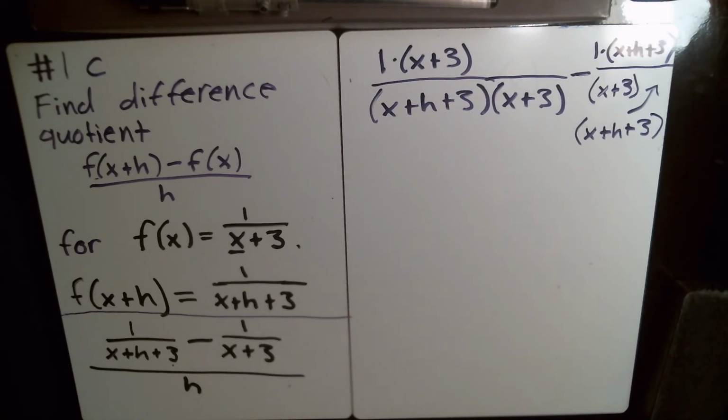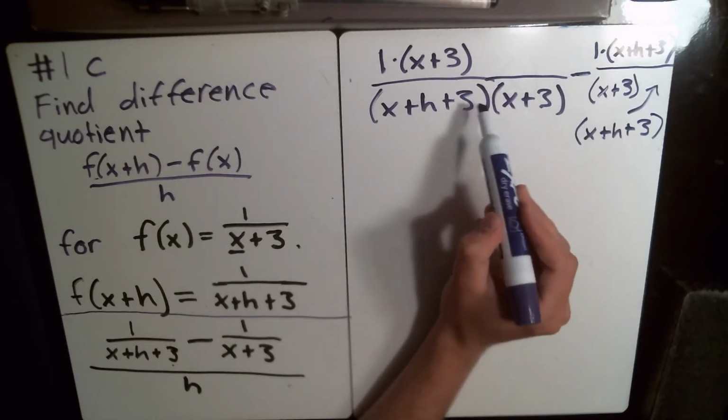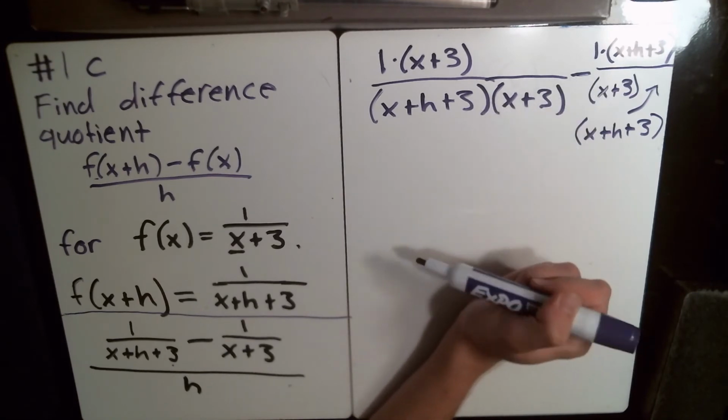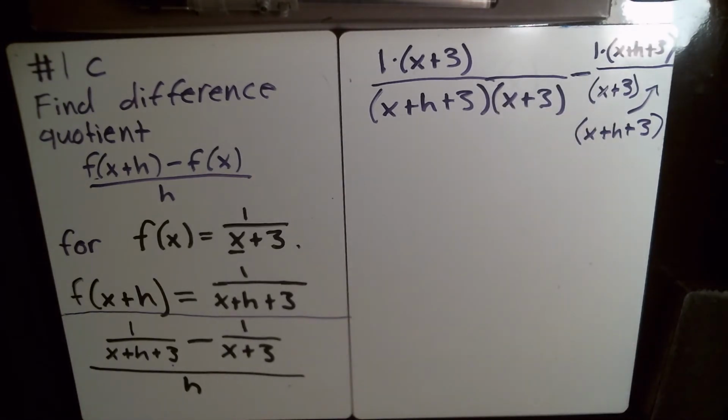So what do we do here? Now that we have a common denominator in these two fractions, they're the same on bottom, we can subtract the tops from each other.